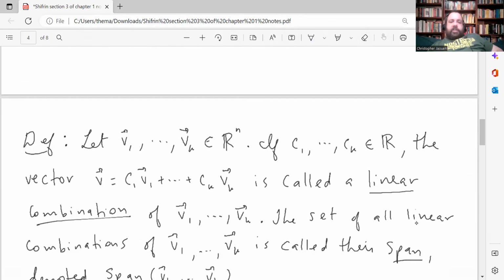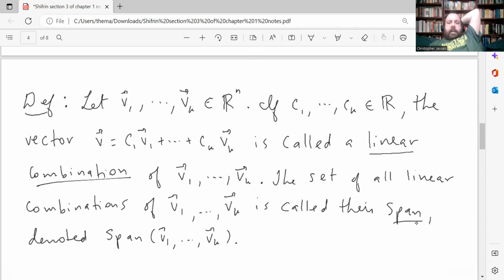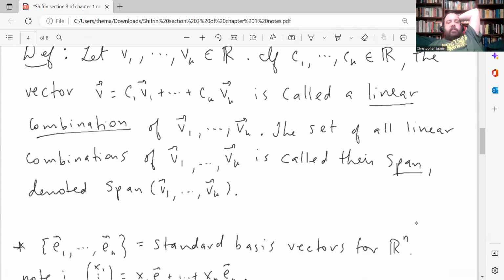Definition next. Let v1 through vk be vectors in Rn. If c1 through ck are elements of R, in other words, they're scalars, then the vector v equals c1 v1 plus dot dot dot plus ck vk is called a linear combination of v1 through vk. And the set of all linear combinations of v1 through vk is called their span, and we denote it by span v1 through vk. So this set here is the set of all linear combinations of those vectors.